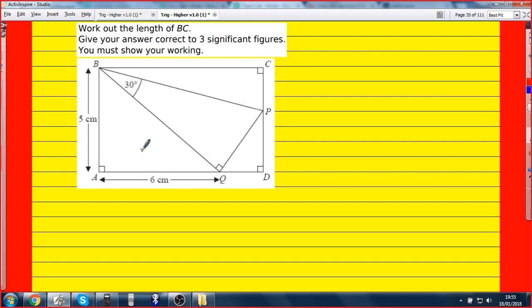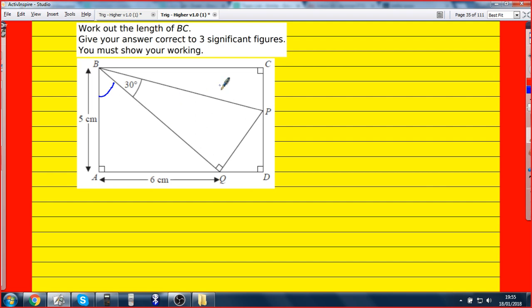So that top bit, because it's 30, that's at A. If you did BAQ to find that top angle, then you know how to add them up to make the top bit, don't you? So you have to find that.